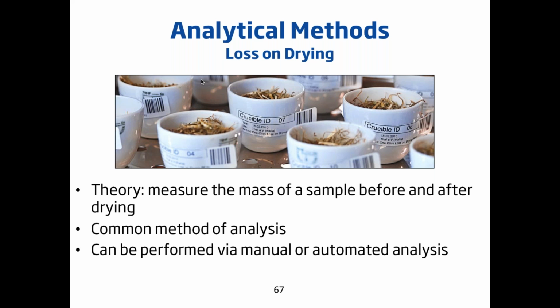This is pretty good as long as your sample doesn't contain a lot of volatile components. If you have a lot of volatile components, these will also be lost in the oven and cause an interference in your reading. One example would be apples, which have over 300 different kinds of volatile components in them. So if you're really trying to quantify water, loss on drying might not be the best method.